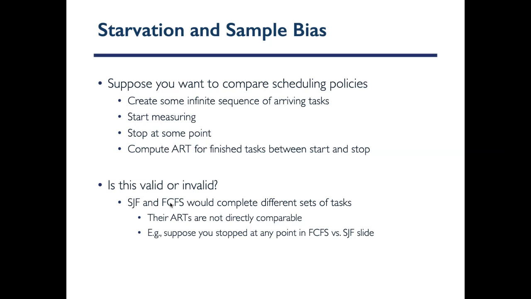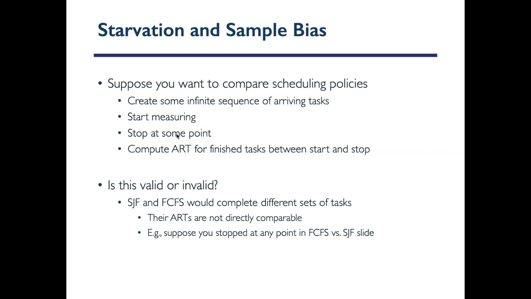To fix this, instead of having a fixed start time and a fixed end time, you could have a set of tasks and let the policies run until they both finish all of those tasks. Then you might actually have different simulation times for each one of them. Maybe one of them finishes earlier than the other for the same set of tasks.